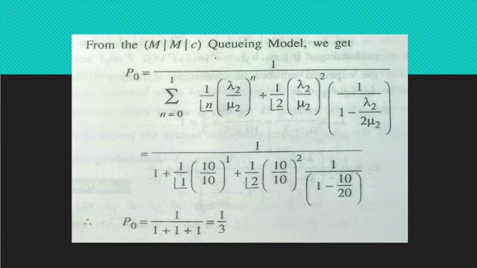Then if n2 less than or equal to 2, we have the formula P1 is equal to 1 by 1 factorial into lambda 2 by mu 2 whole power 1 into P naught. So if we substitute, we will get 1 by 3. So P naught is also 1 by 3, P1 is also 1 by 3.